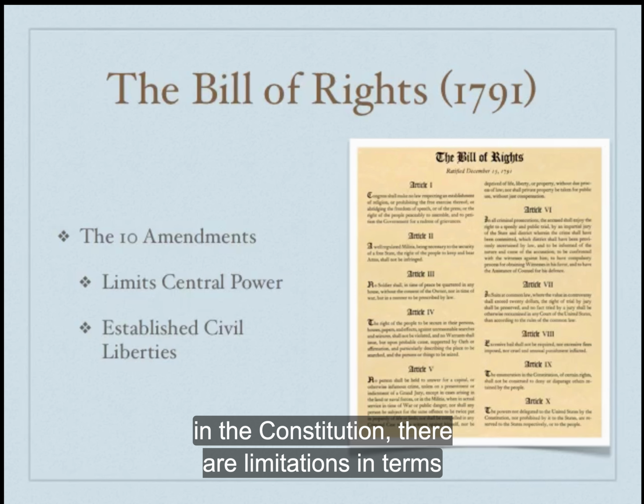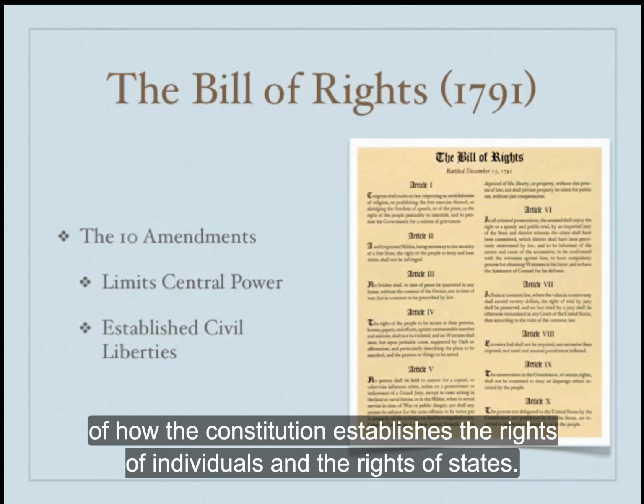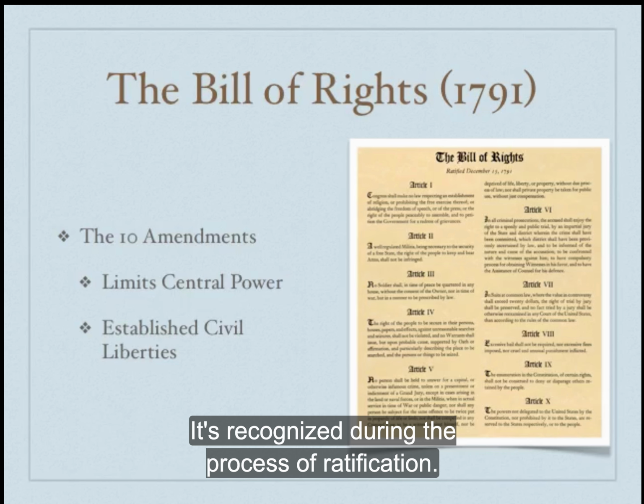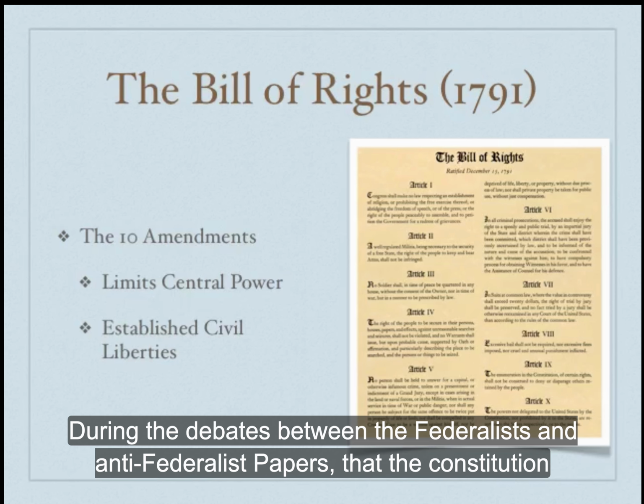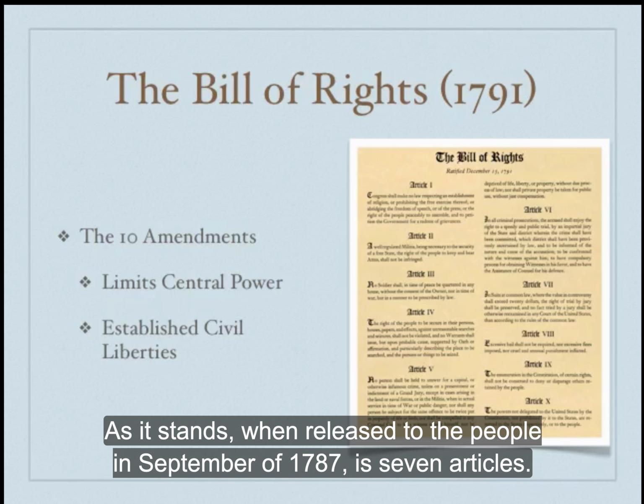there are limitations in terms of how the Constitution establishes the rights of individuals and the rights of states. It's recognized during the process of ratification, during the debates between the Federalist and Anti-Federalist papers, that the Constitution as it stands when released to the people in September of 1787 is 7 articles.